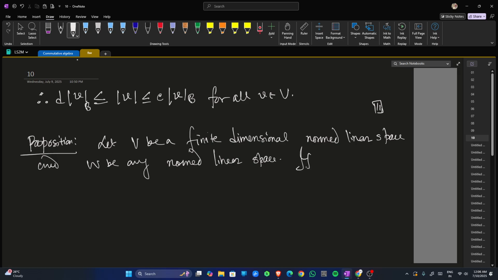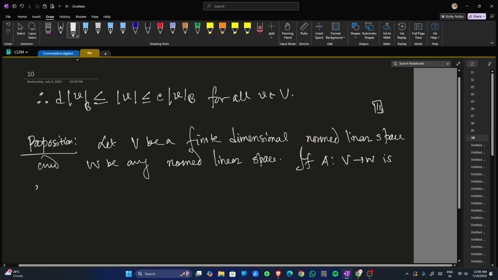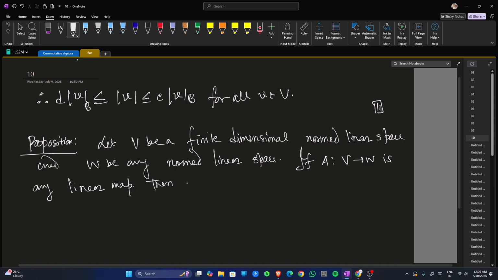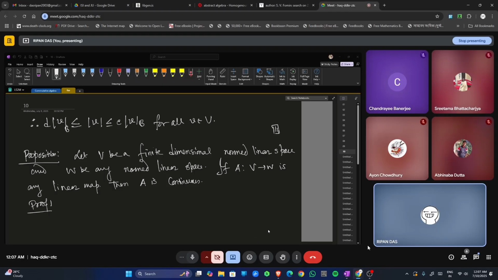If A from V to W is any linear map, then A is continuous. Do you know this result, that any linear map on a finite dimensional space is continuous?